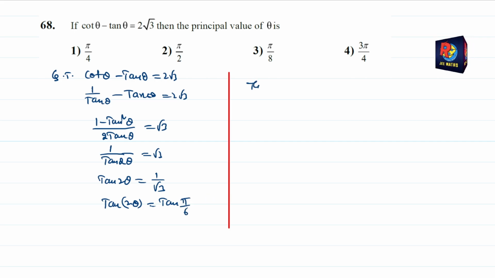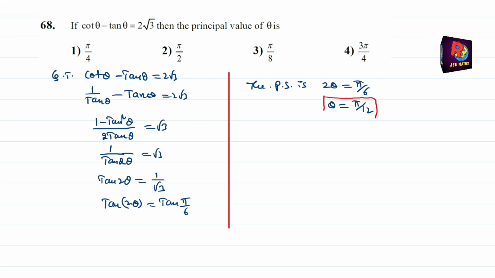Therefore the principal solution is 2 theta equals pi by 6. Therefore theta equals pi by 12 is not in the option, but this is the correct answer, no doubt at all.